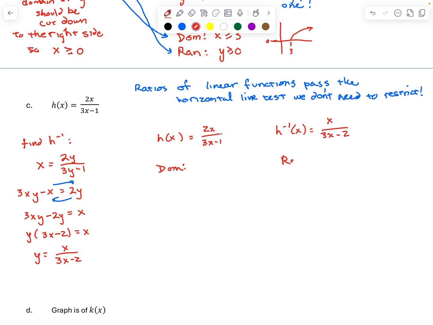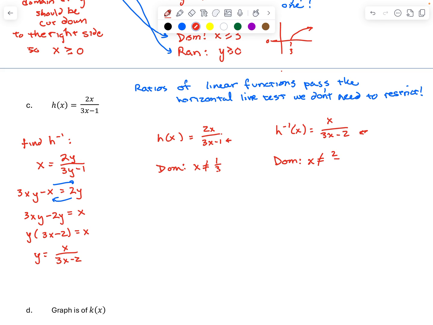Oops, so sorry. I started saying range and then I wrote the range. Okay, the domain is easy. When does the denominator equal 0? At x equals 1/3. When does this one equal 0? When 3x minus 2 is 0, 3x is 2, x is 2/3, and we want to chuck that out.